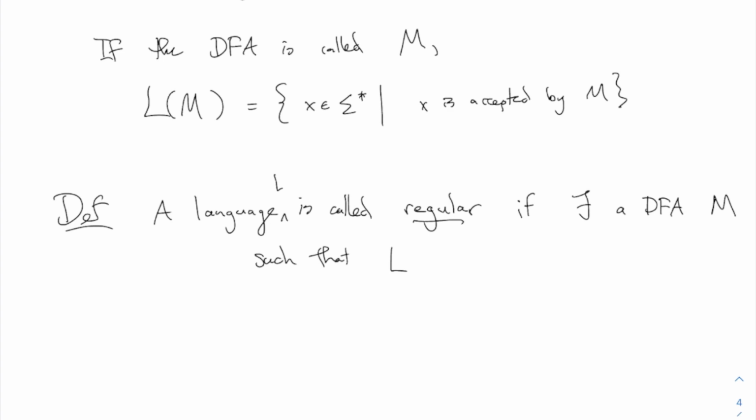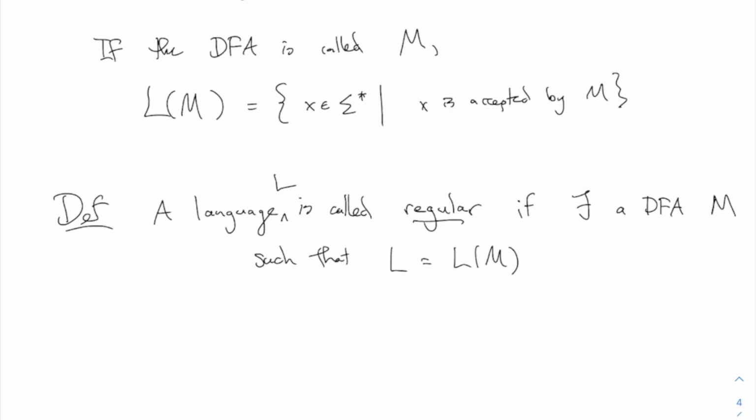Sorry about this. A language L, if I start with some language called L, then L is called a regular language if there is some DFA such that L is the language of that DFA. All right? So regular language means there is a DFA whose language is the language you're talking about.